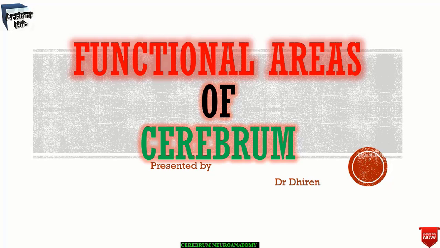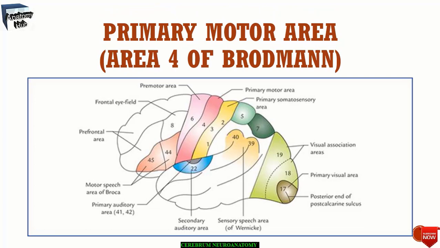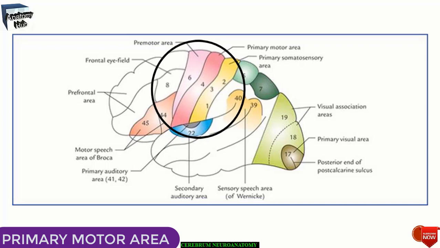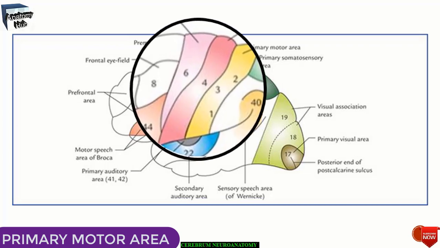Among the functional areas, the first is the primary motor area. The primary motor area, or area number 4 of Brodmann, is located in the precentral gyrus on the superolateral surface and extends to the anterior part of the paracentral lobule on the medial surface of the cerebral hemisphere, and it contains a large number of pyramidal cells including the large pyramidal cells of Betz.